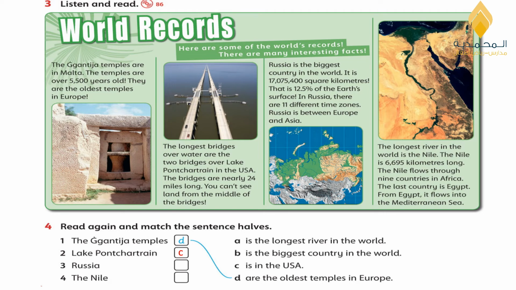C. 3. Russia is the biggest country in the world. B. 4. The Nile is the longest river in the world. A. Excellent.